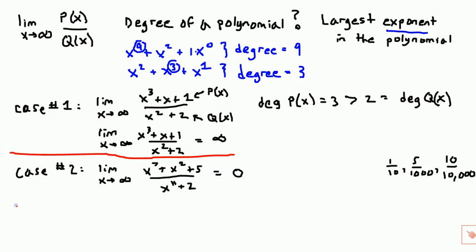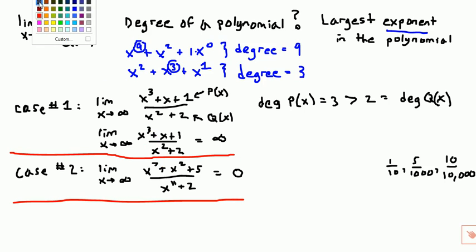Okay? And then for case number 3, we've done one where the top was bigger than the bottom, and one where the bottom is bigger than the top. What about if they're equal? What if we have something like this?